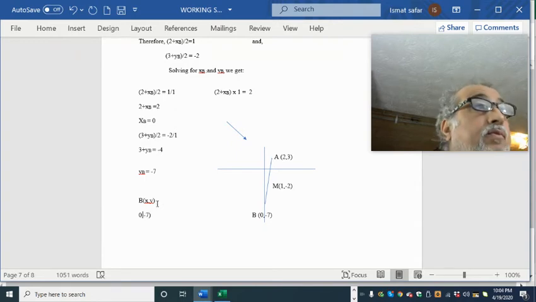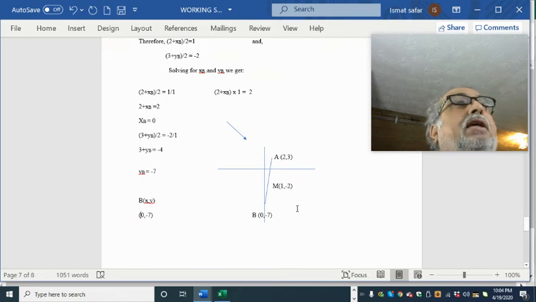And we are done. So it's really important how to plug in and what to plug into the formula for the midpoint, and to know what the coordinates are. The coordinates are the x and y of the point.